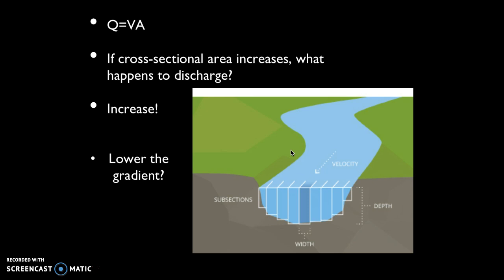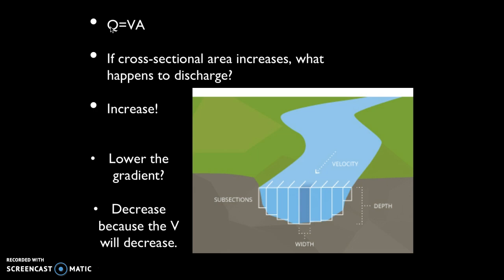So what would happen to our discharge overall if we were to do this? So, if we were to lower the gradient, our velocity would decrease, and with our velocity decreasing, v making itself smaller, then the discharge overall would also be smaller. So we would decrease the discharge because the velocity itself is decreasing.